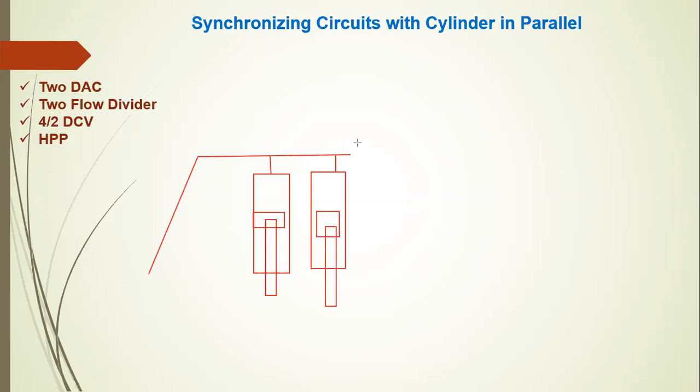But it does not work as a synchronized circuit, because the load for cylinder 1 and the load for cylinder 2 are not the same, so the two cylinders do not actuate the same way in the downward and upward directions. So it is a cylinder in parallel but not synchronized. This is only called a parallel connection, not synchronizing.